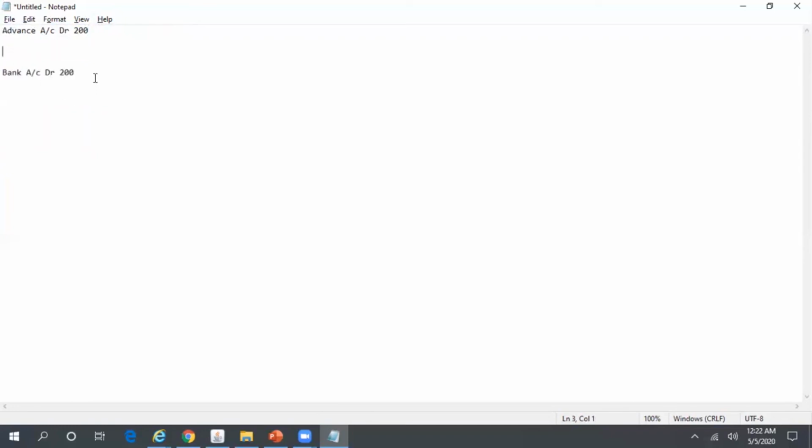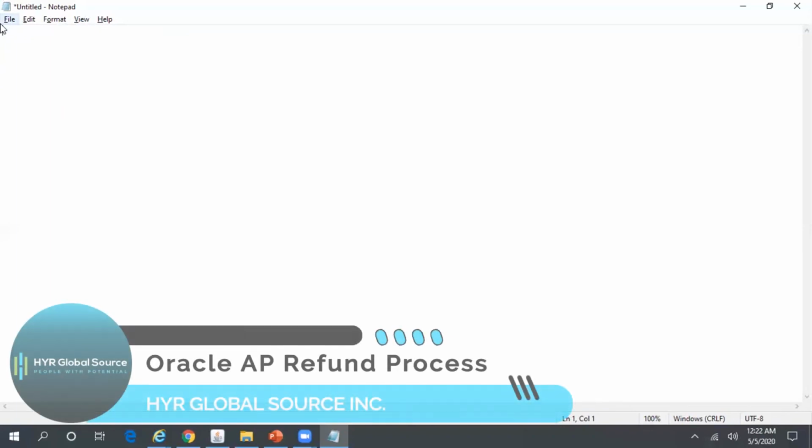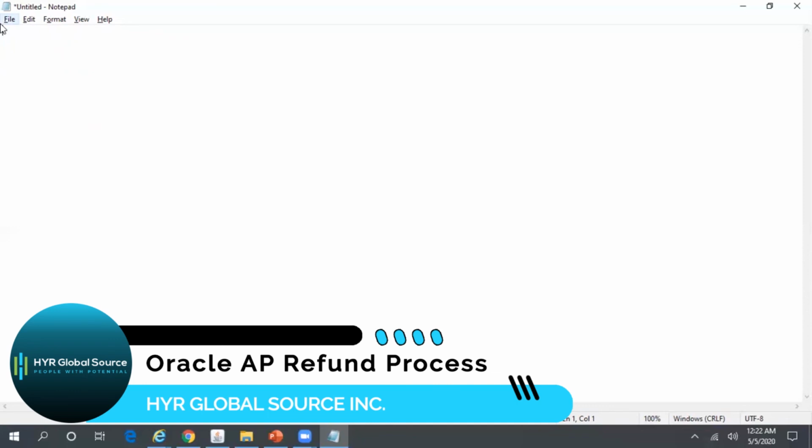So your total net impact of your accounting entry will be 0 after taking into consideration the original prepayment entries as well. So it's basically whatever you have paid to the vendor you have actually received. So that's the reason why the net accounting impact of all the accounting entries, including the original prepayment, the payment for the prepayment, your standard invoice, and then credit memo and then refund transaction is actually 0. Okay, so this is how you create a refund from vendor transaction in Oracle E-Business.